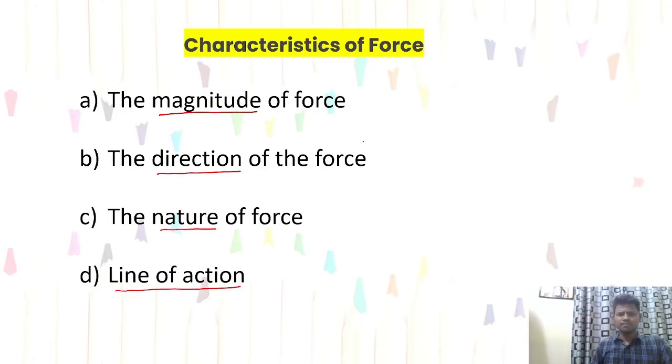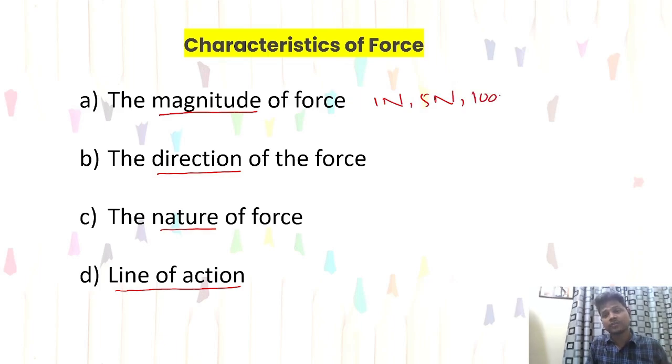What does magnitude mean? Magnitude means what amount of force you have applied. Is it 1 Newton? 5 Newton? 100 Newton? 1000 Newton? It can be anything. I can apply any amount of force.